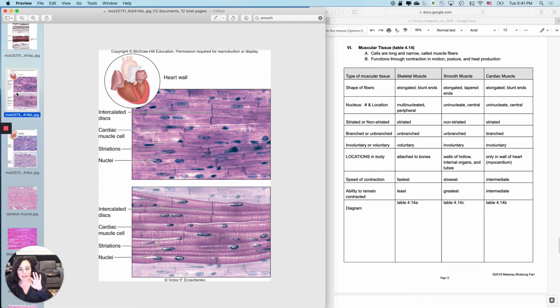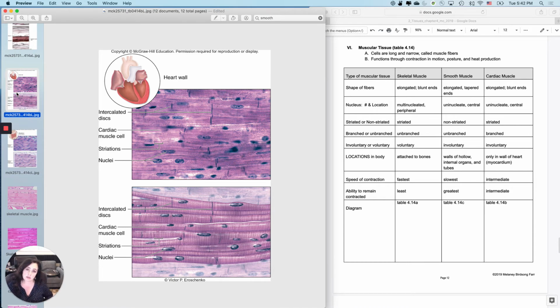Okay, now as far as speed of contraction and the ability to remain contracted, we've already got our diagrams done. Basically, if I use a metaphor for the three of these, one of them's a sprinter, really quick off the blocks, but will peter out really quickly as well. One of them is a long distance runner, not the fastest off the blocks, but will definitely outlast you. And the other one is intermediate, like a jogger. So let's think about these three tissues.